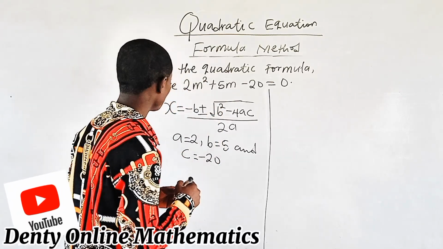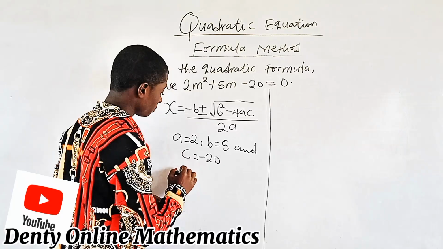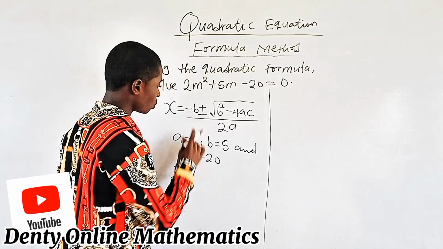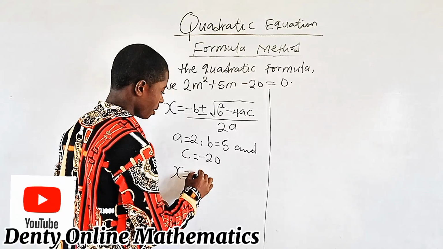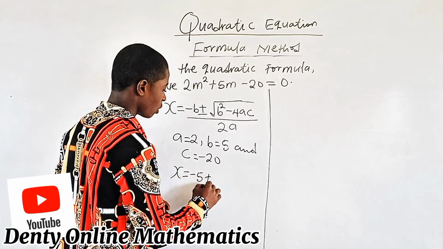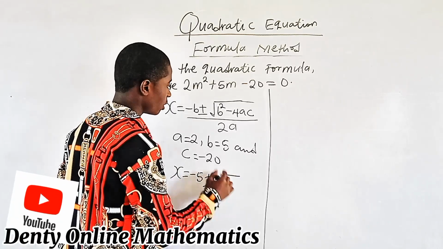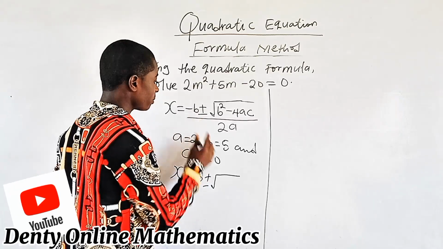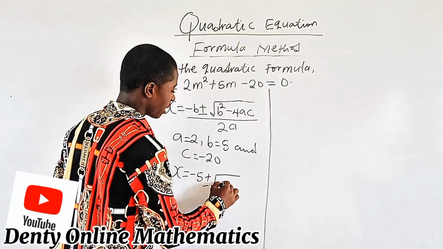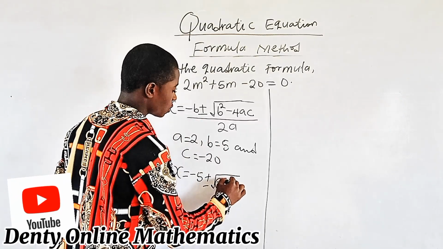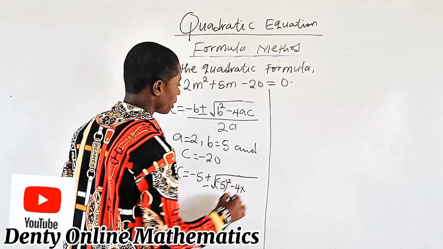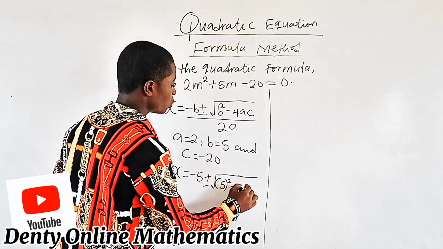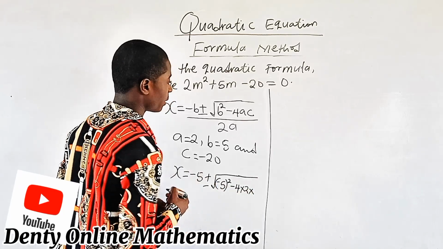You get it? So the formula, remember, we have x to be equal to minus, what is our b? Our b is 5. Minus 5 plus or minus the square root of b squared. What's b? B is 5. So minus 5 all squared minus 4 times, what's our a? Our a is 2, times what's our c?